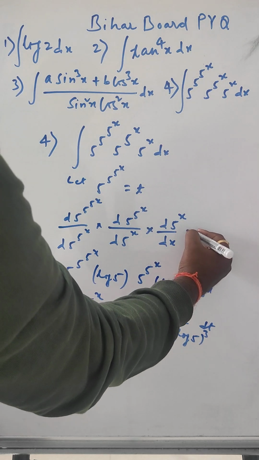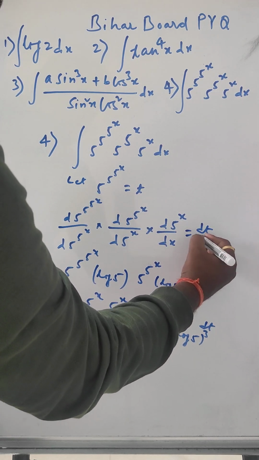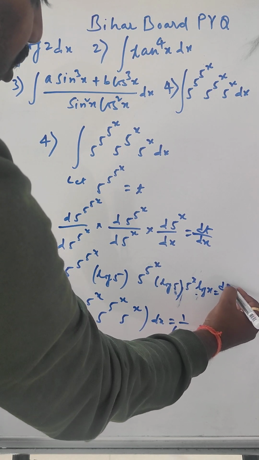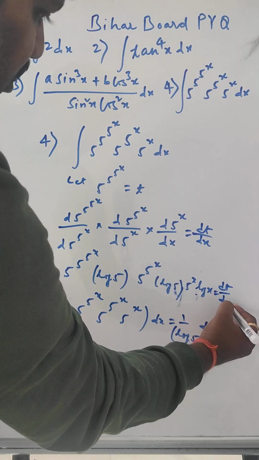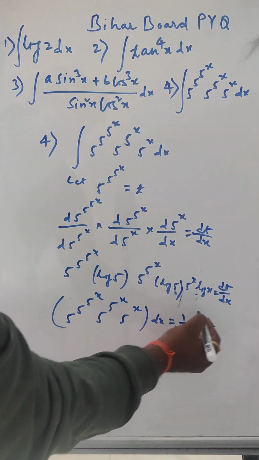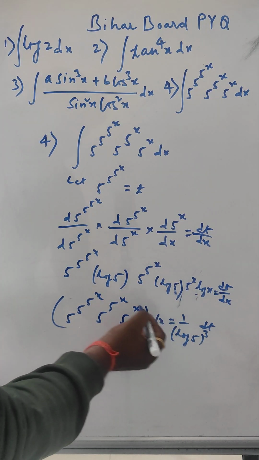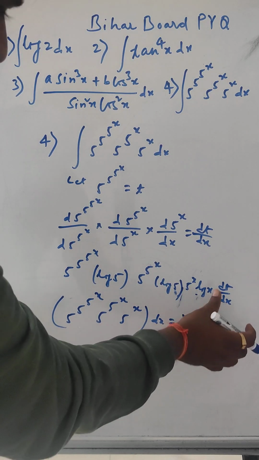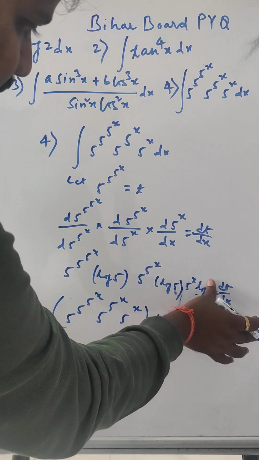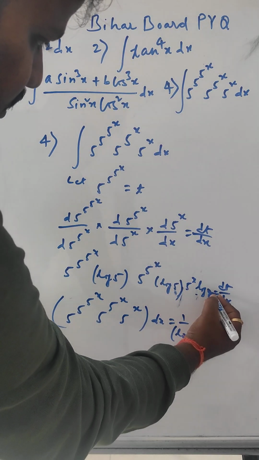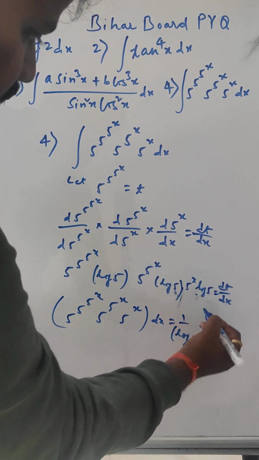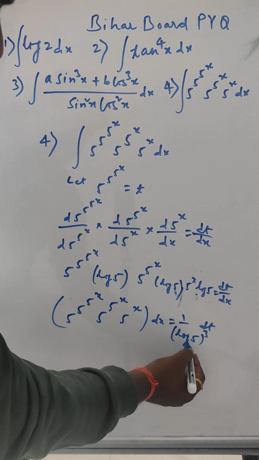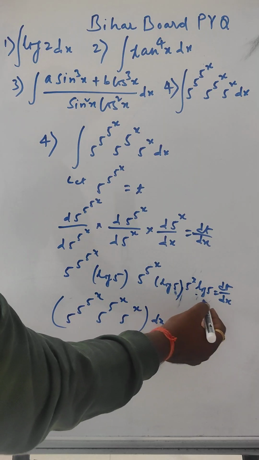And here it was what? dt by dx. We can write like this, dt by dx. So now dx went this side and dt was here, and this log is also log 5, right? So log 5, log 5, log 5, log 5 cubed. So these all three went this side.